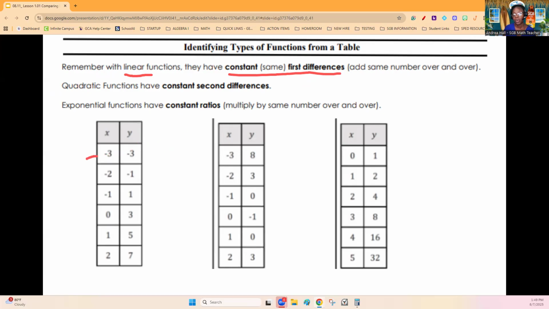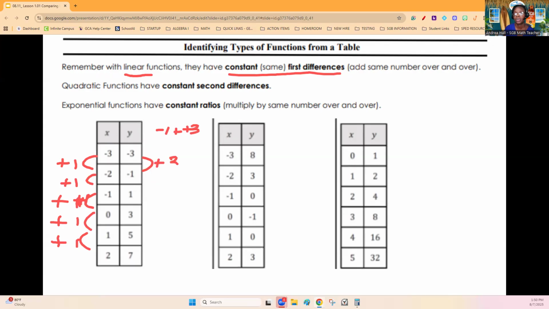So that means you're going to go ahead and see what the change is. This one is going up by plus 1, plus 1, plus 1, plus 1, plus 1, plus 1, right? That's what's going on the right-hand side. What about for the y's? As that's going up, this one is going from -3 to -1, which is the same thing as -1 plus 3.